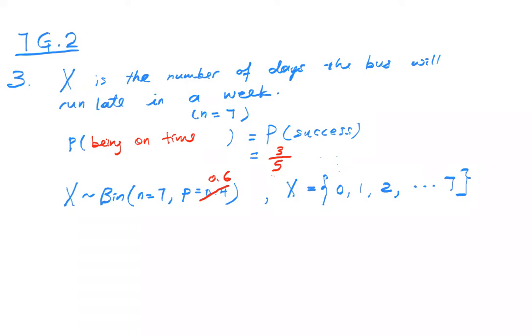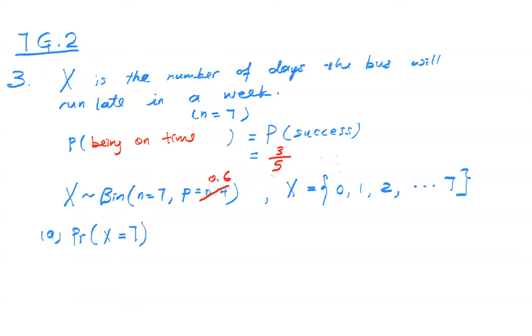Okay, good. Now we have everything in hand already. So now let's answer the question. Find the probability that the 8 a.m. bus is on time all the 7 days. So that means the probability of x equal to what? 7.